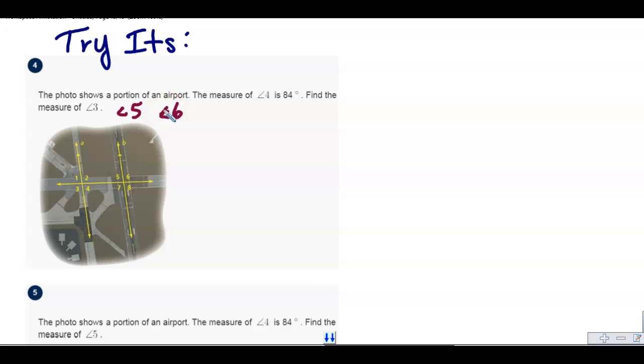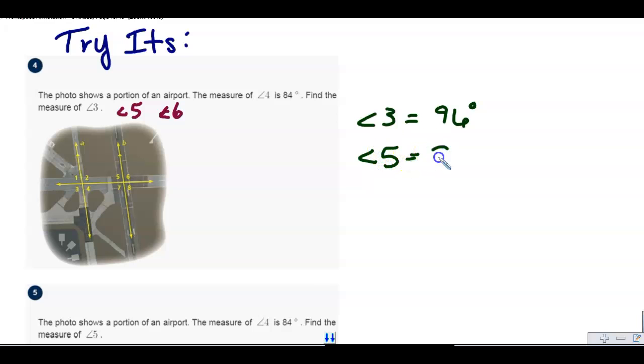Now that you've tried, let's go over the answers. Angle 3 and angle 4 are supplementary angles. Therefore, angle 3 is equal to 96 degrees. When looking at angle 5, compare it to angle 4, and you notice that those are alternate interior angles, and alternate interior angles are congruent.